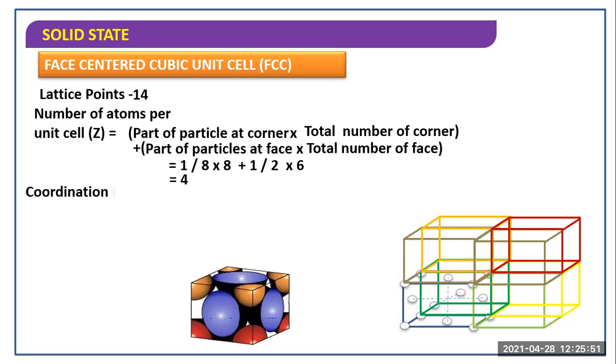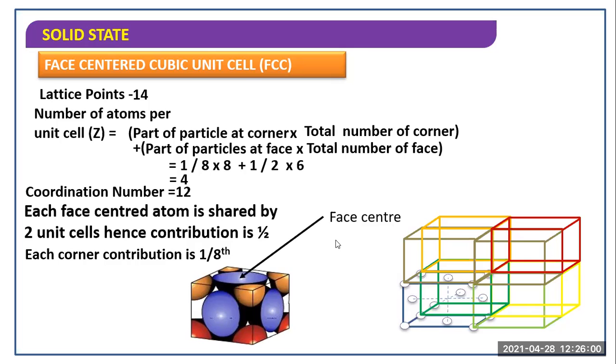Total number of atoms will be 4 and coordination number equal to 12. How is the coordination number 12? Because if there is a point, 6 negative and 6 positive atoms are directly surrounded by the center atom.